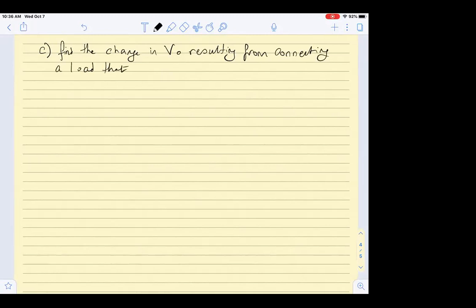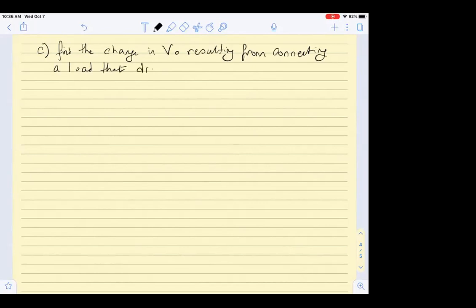So they are going to ask me: find the change in VO resulting from connecting a load that draws 1 milliamp.